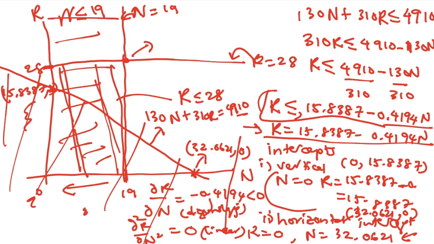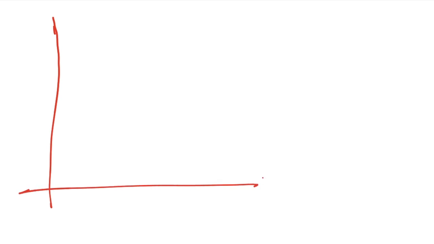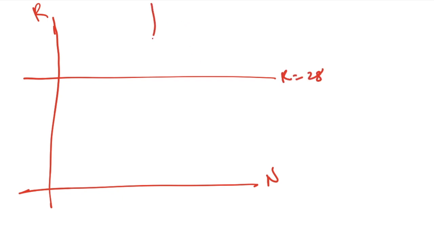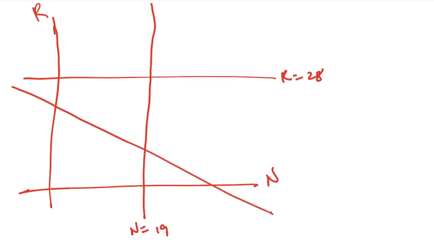But if I draw the feasible region properly, then it looks like this. Let me redraw it nicely. r equal to 28 here, n equal to 19 here. Then I have this. Here, 19 comma 28, the coordinate.